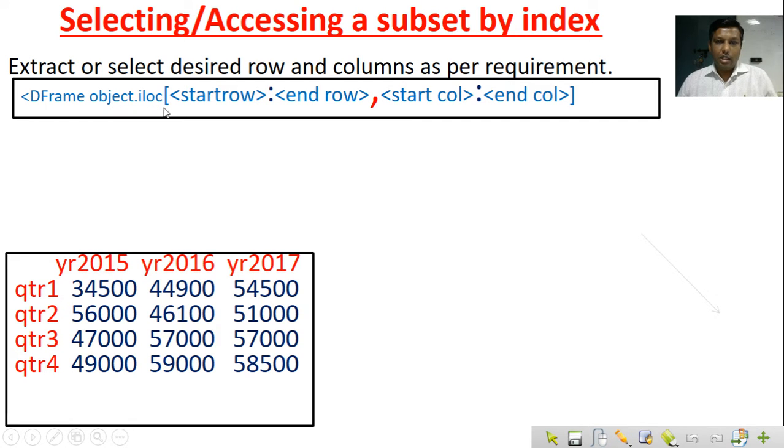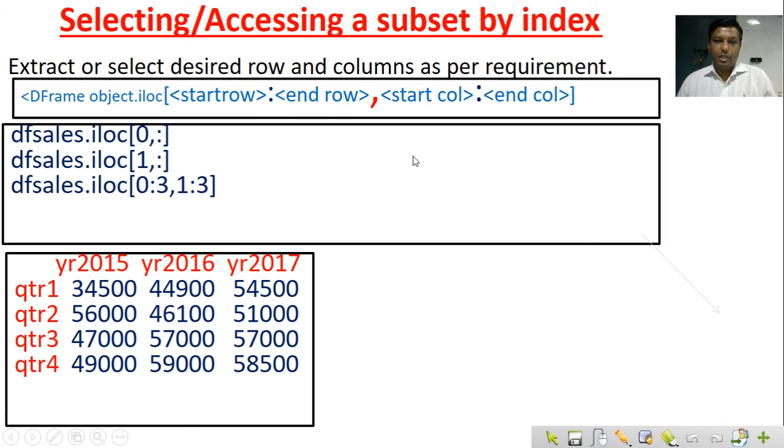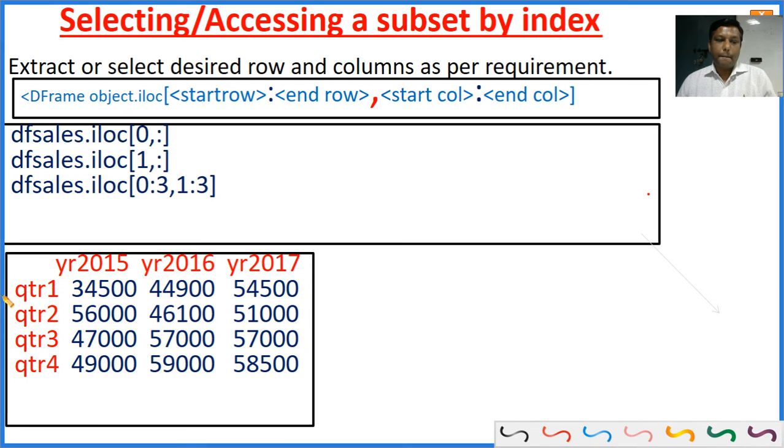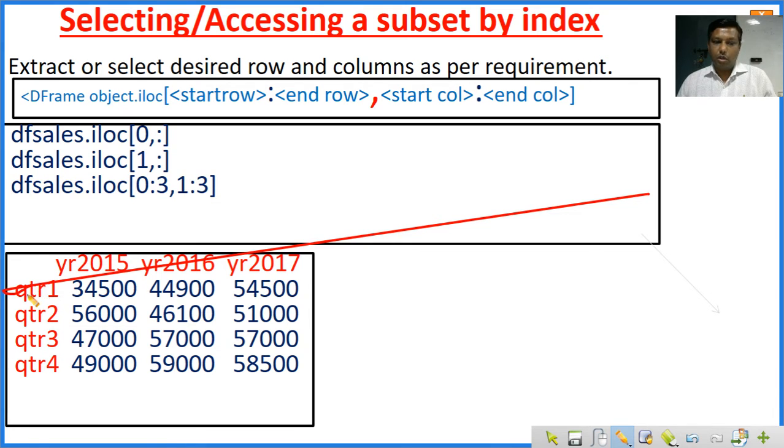Now iloc. Here, for the start row and end row, we give the integer location. If we write 0, it means row 0 with all the columns, because after the comma the column section is empty, which means all the columns will be displayed.